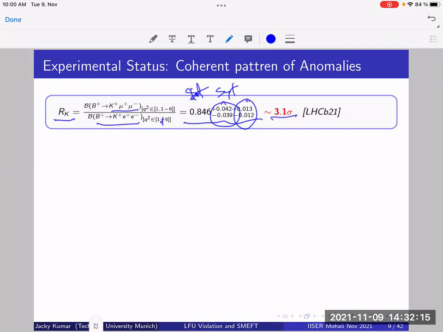This is about a 3.61 sigma deviation with respect to the standard model. Initially, when it came in 2014 from the same LHCb experiment, it was like 2.5. Then they had an update in 2019, and it stayed almost the same, 2.45. And then they had this update, I think, a few months ago. Now it has become 3.1 sigma. It has increased a bit.